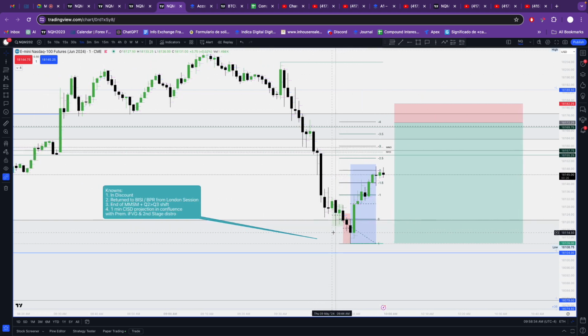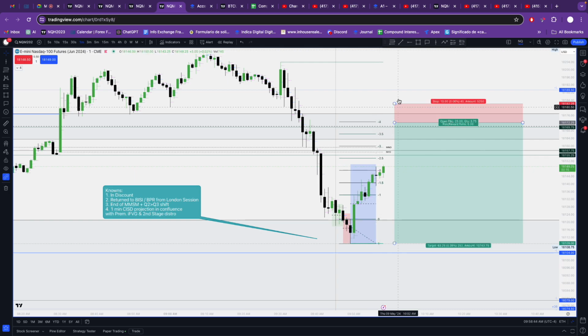So this here is our 90-minute. It's at 9:45. We have a quarterly shift right here. So we have accumulation, manipulation, distribution, right?